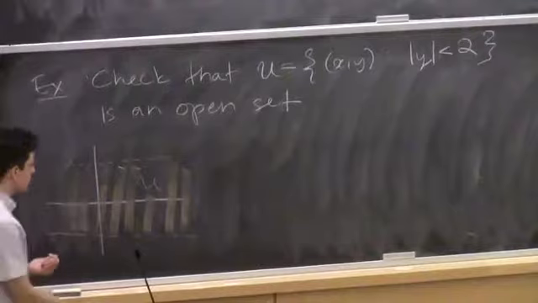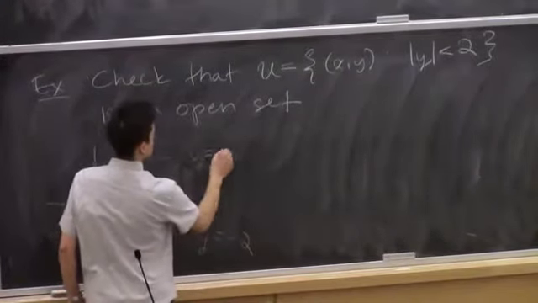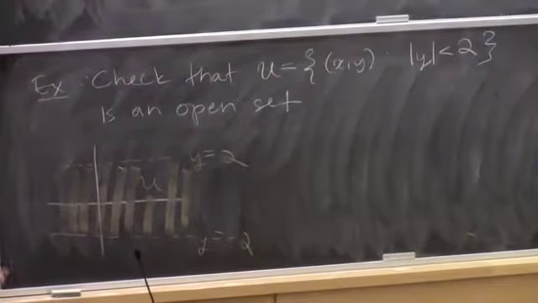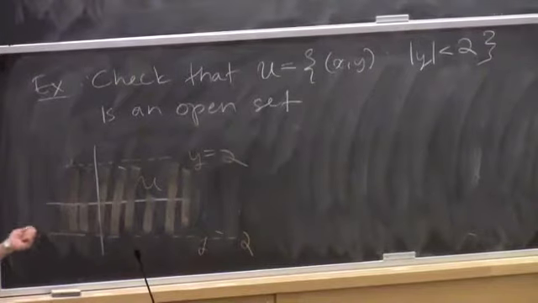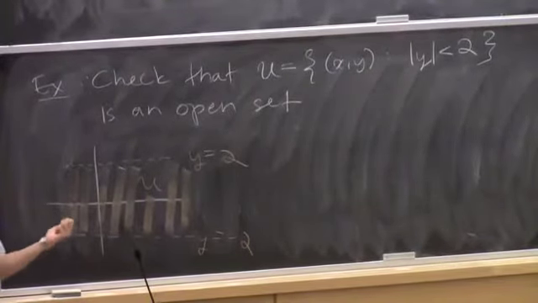Okay, so there's our sketch of it. This is the line y equals -2. This is the line y equals 2. And now we want to argue that any point in this is surrounded by a disk.